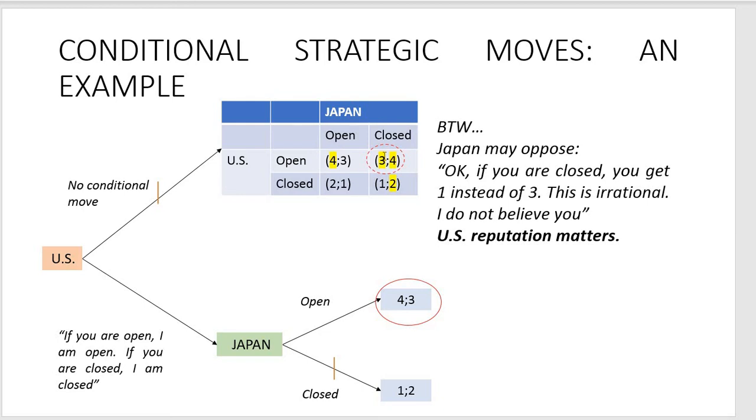Because in this case, in fact, the United States promises to do something which will hurt both Japan and the United States, going closed instead of going open. Then, of course, Japan will get 2, but at the same time, the United States will get 1 instead of 3. So this is the idea.